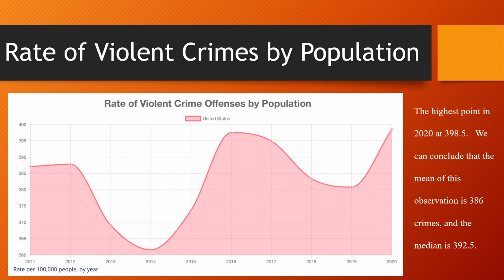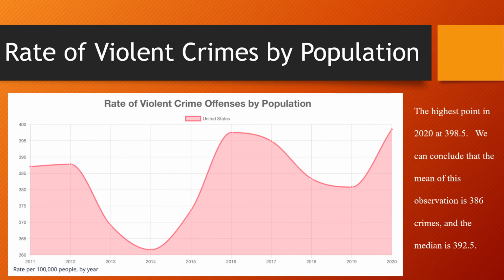Violent crime includes the offenses of murder and negligent homicide, rape, revised definition, robbery, and aggravated assault. Property crime includes the offenses of burglary, larceny, theft, and motor vehicle theft.